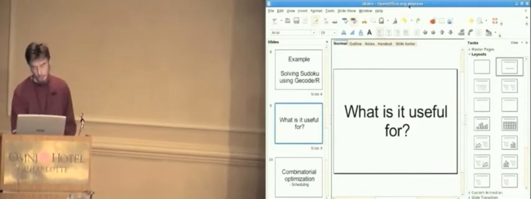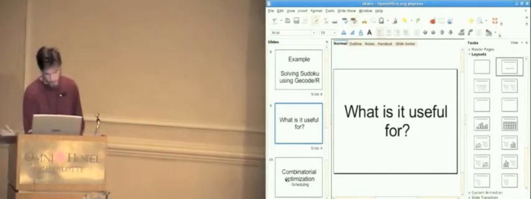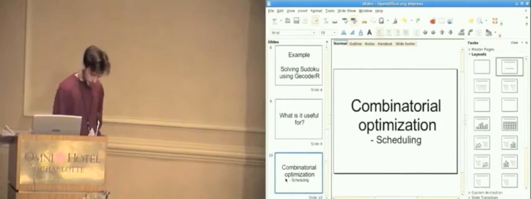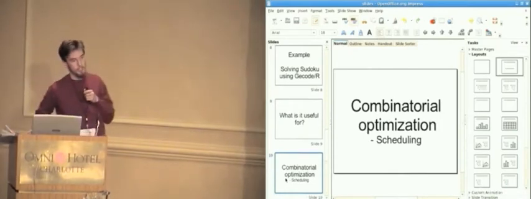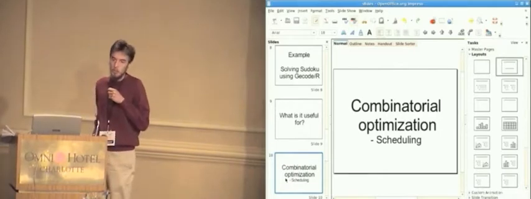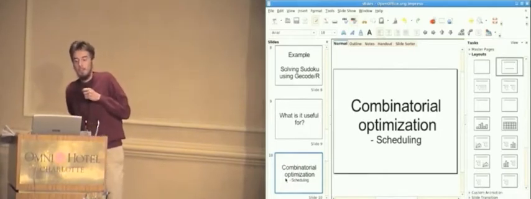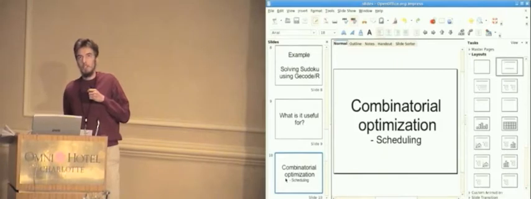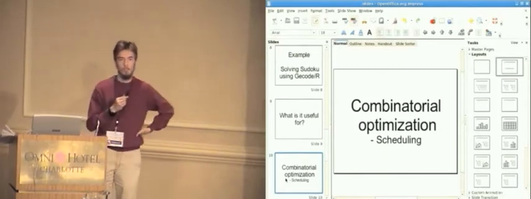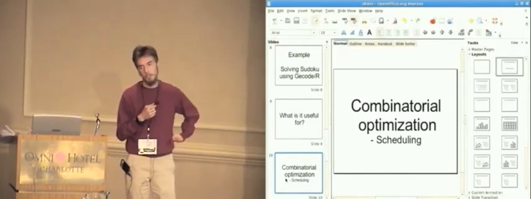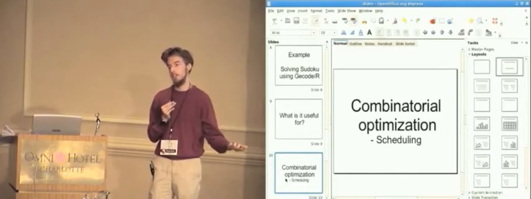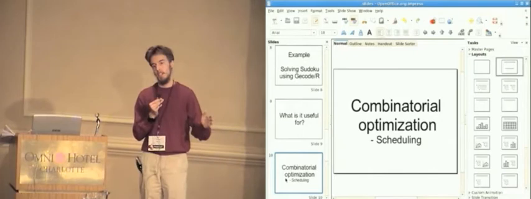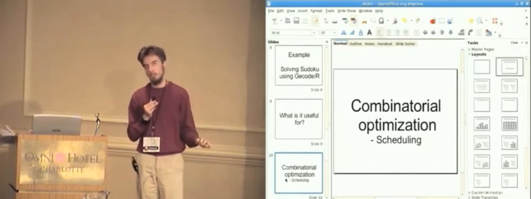So what can we use constraint programming for? Well, typically, constraint programming is used for combinatorial optimization problems. So, for example, scheduling. You might want to, for instance, build a bridge, and you need to schedule certain tasks so that they are executed in the correct order, and you might have some resource limits.